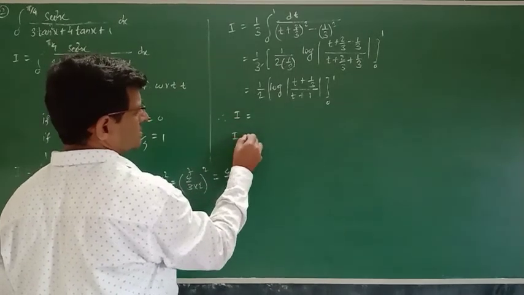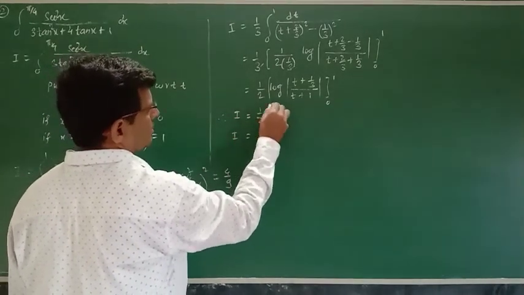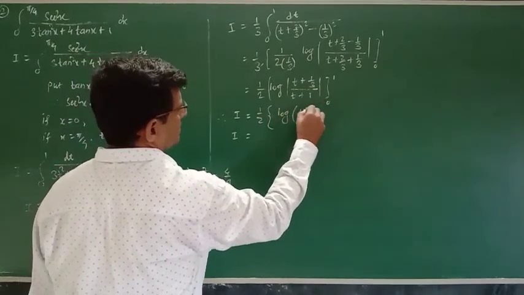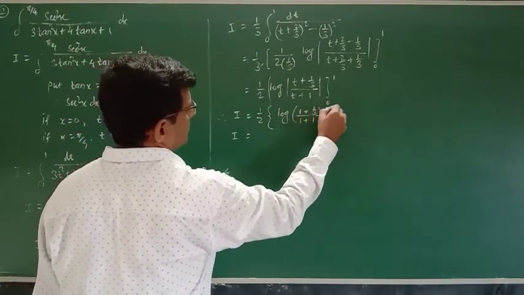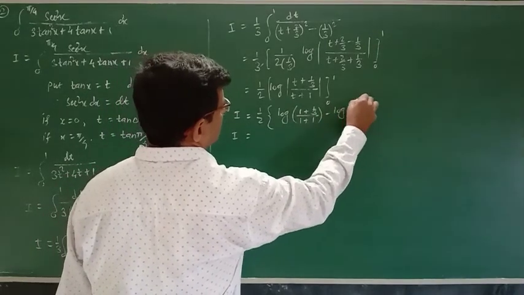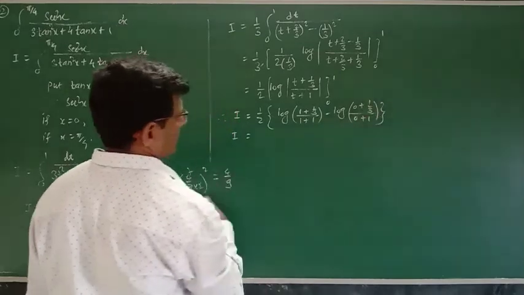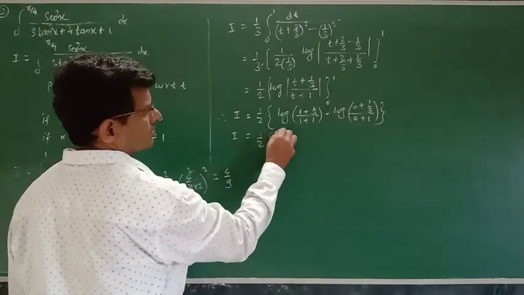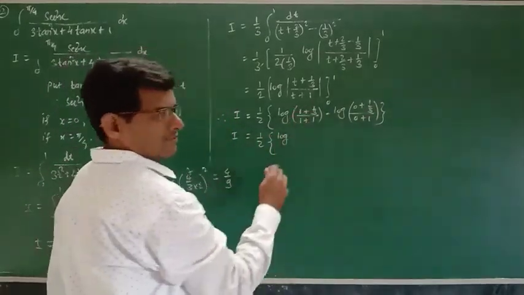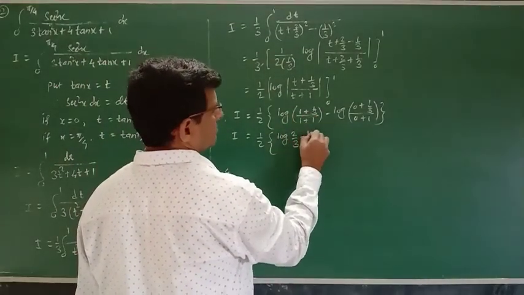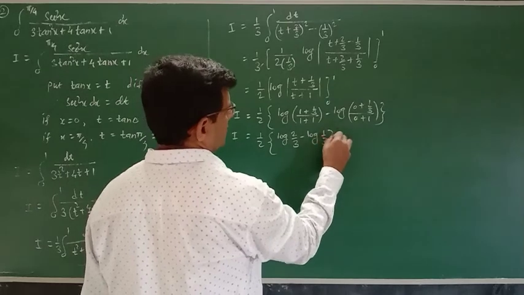So final answer I is equal to 1 half into log of (1 plus 1 by 3) upon (1 plus 1) minus log of (0 plus 1 by 3) upon (0 plus 1). So 1 half log of 4 by 3 upon 2, so log 2 by 3 minus log 1 by 3.